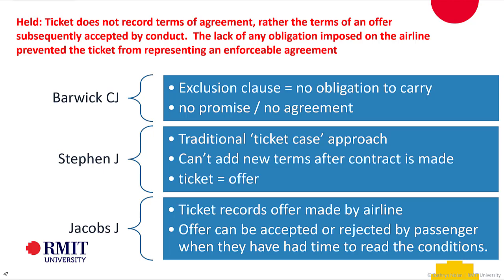The point of having this case is actually to show just how confusing these cases can be. You can get 3 different judges getting to the same result in 3 different ways, dealing with exactly the same sort of law. At the end of the day, this case is authority for nothing, really, because we get a result, but we don't have any consistency in the way that we get it.